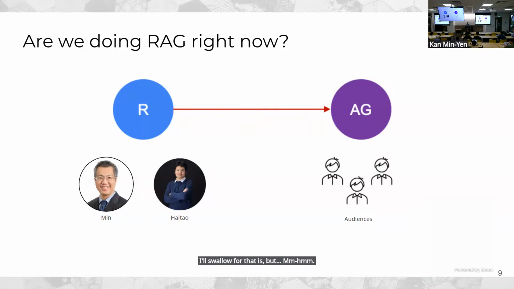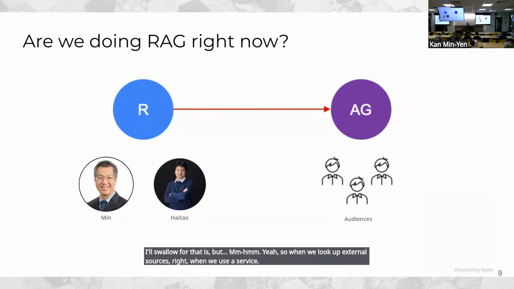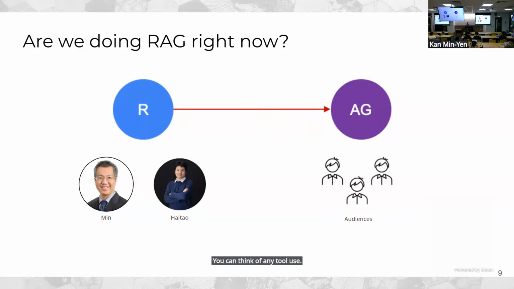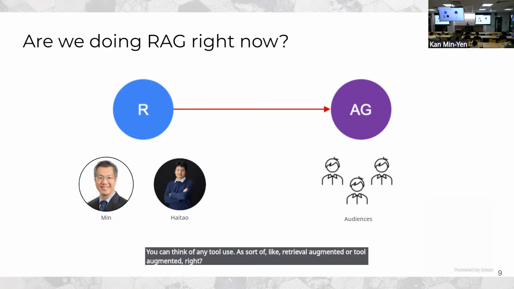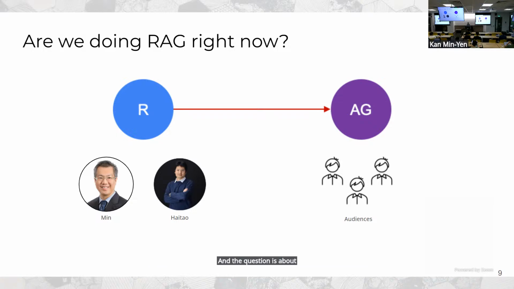Yeah, so when we look up external sources, right, when we use a service, you can think of any tool use as sort of retrieval augmented or tool augmented, right? And then the question is about the AG part, this part over here, right? So when we do AG, it means we're generating something. So you can think of generation in your head, like you have to consciously think, right?